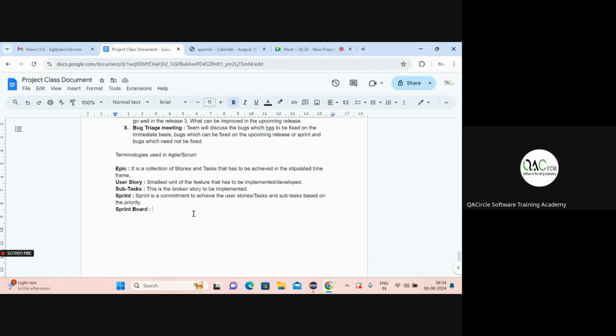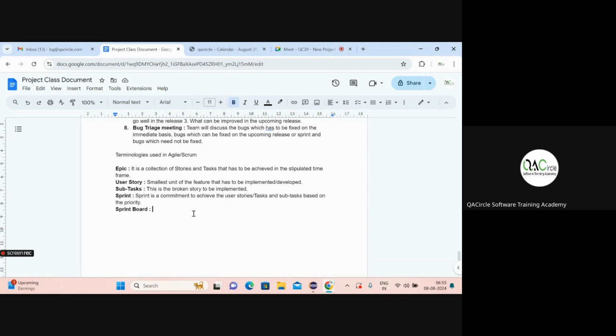Once you create a sprint, you'll have to mention the start date and the end date of the sprint, so that you will be able to track the stories picked in this sprint, managed in that sprint board. Once you have committed to achieving so many stories in this sprint, you should be able to achieve it. And if you are not able to achieve it due to some reason, and the reason is acceptable or legitimate, it should be fine, not an issue.